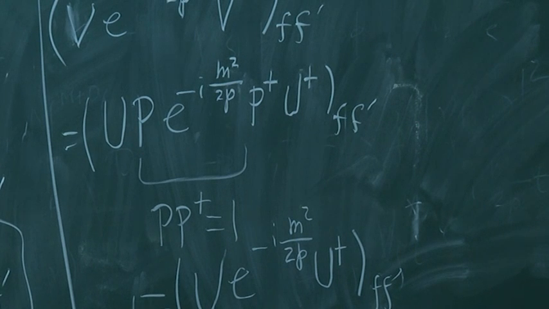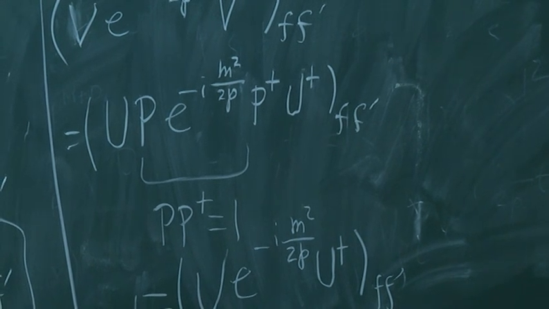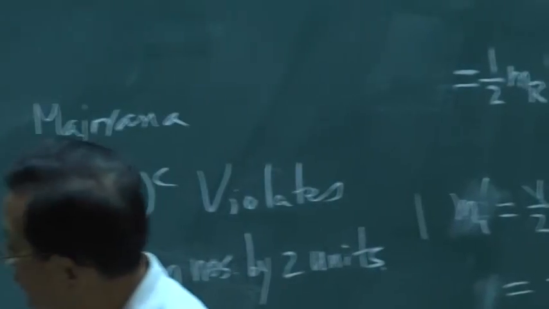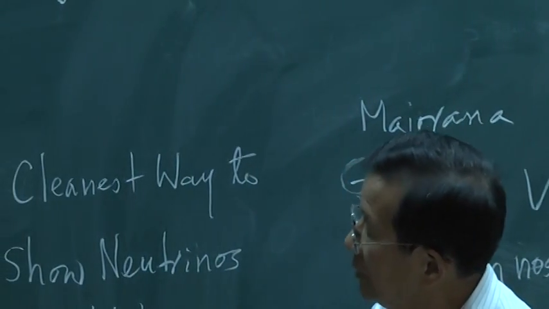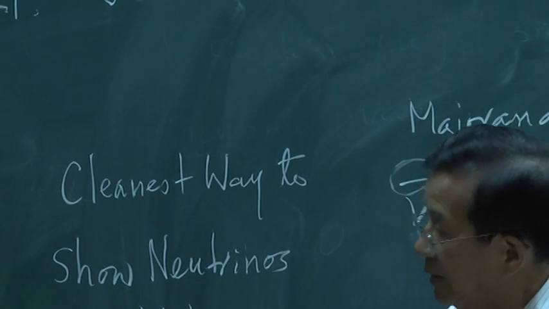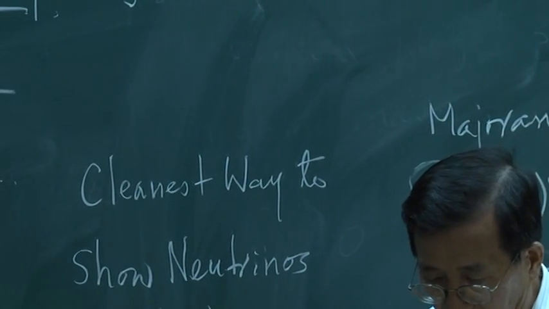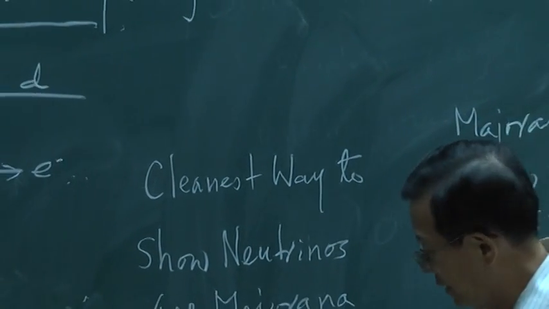The only way I know to detect Majorana neutrinos is through neutrinoless double beta decay. And that's the end of my lectures.